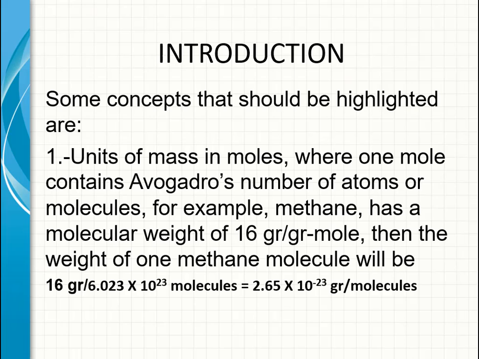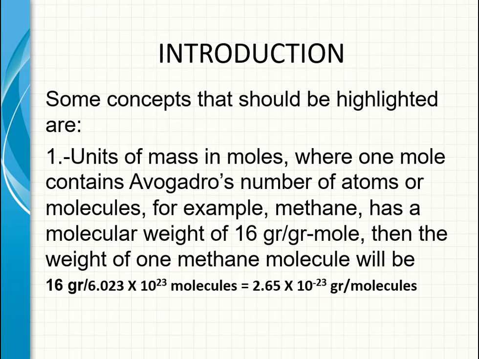Some concepts that should be highlighted are: we are going to use units of mass in moles, where 1 mole contains the Avogadro's number of atoms or molecules. For example, methane has a molecular weight of 16 grams per mole.